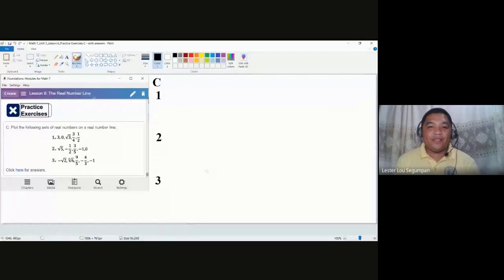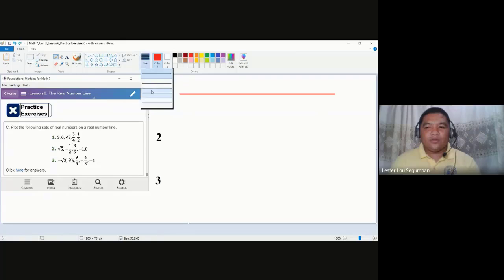Okay. So these are the different sets of numbers also present in the previous video. We are now on practice exercise C. We are to plot these numbers on one real number line. We all know that the real number line is a line that extends to both infinities.